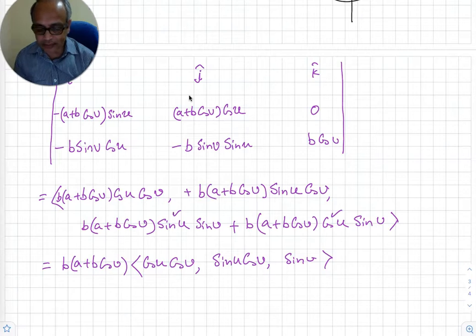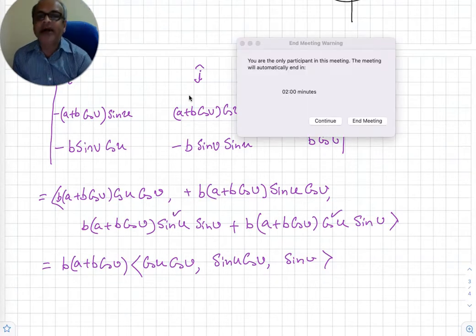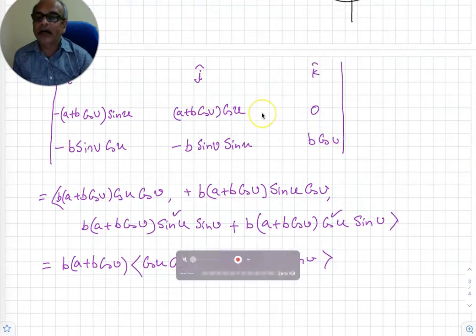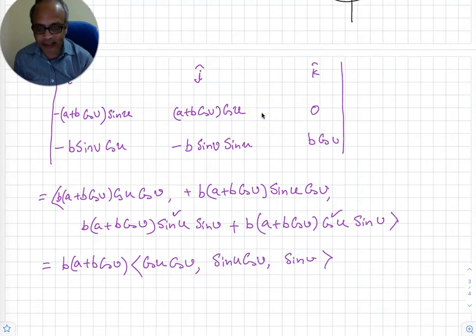And this is my normal vector. So I can also find the unit normal vector if I need it, or I can do something more later on.